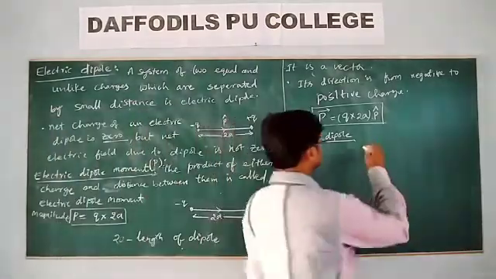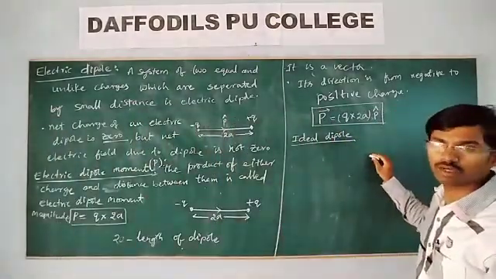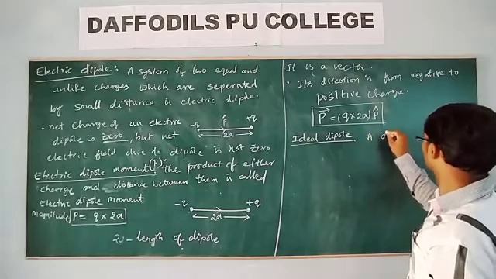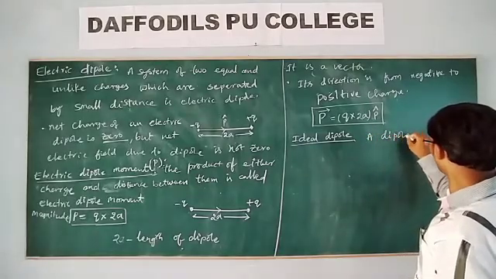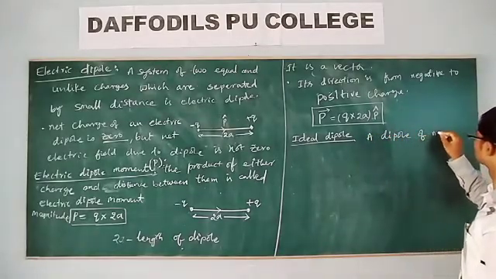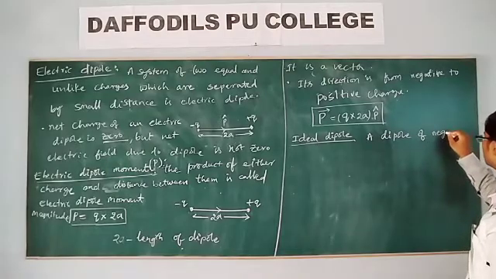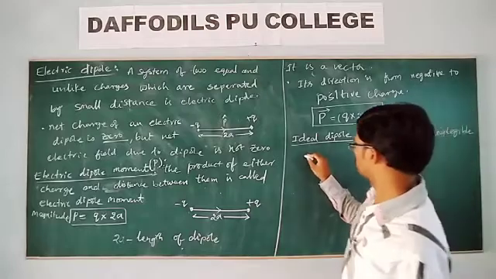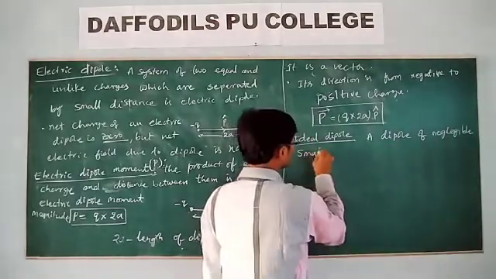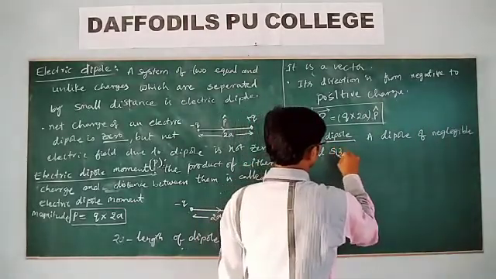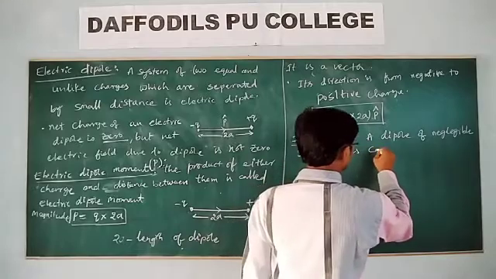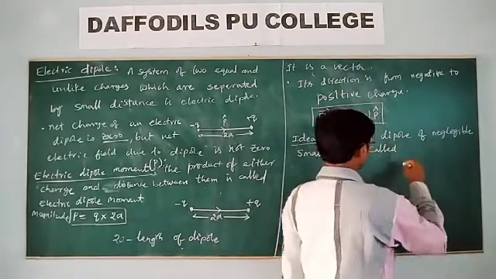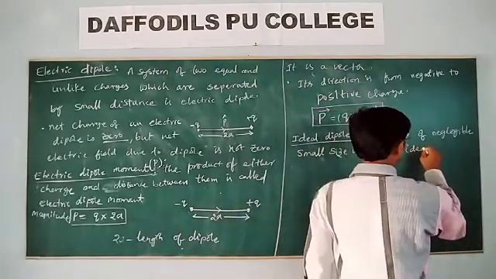A dipole of negligible size is called what? A dipole of small, negligibly small size is called an ideal dipole.